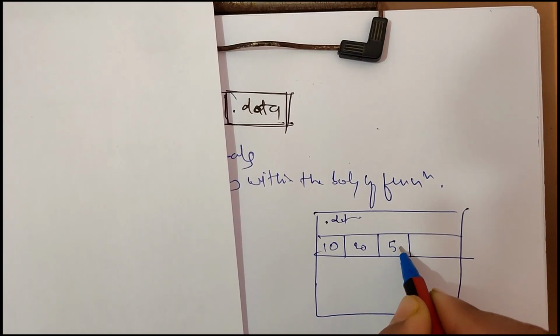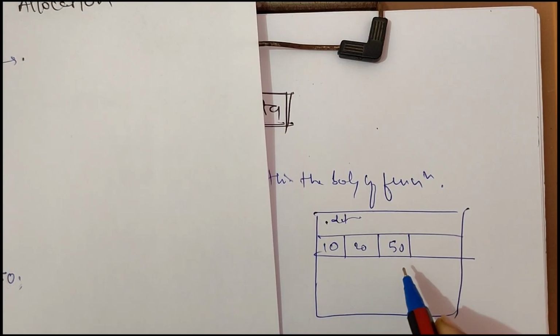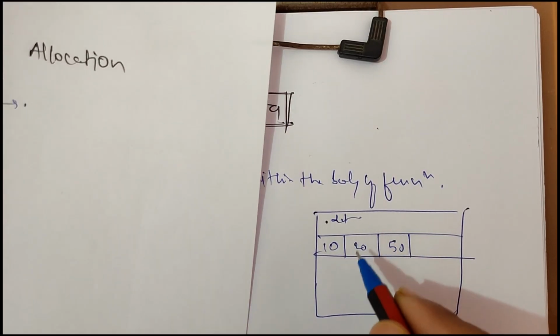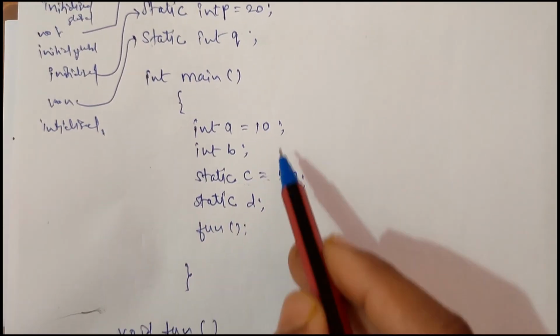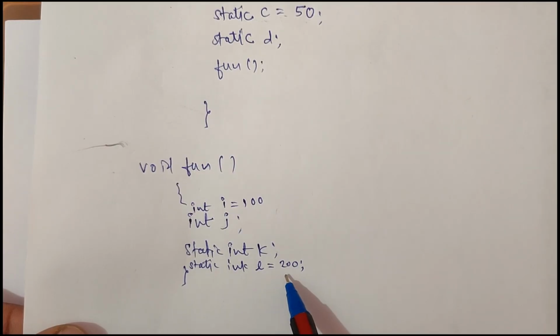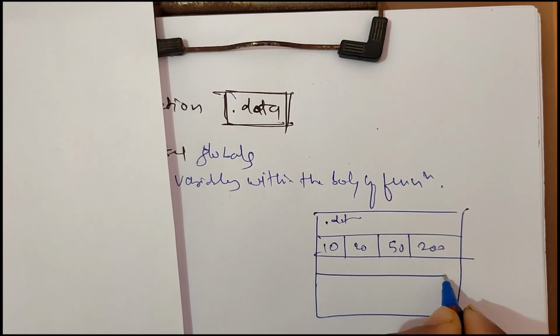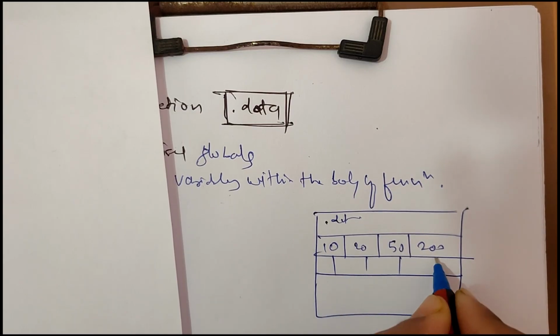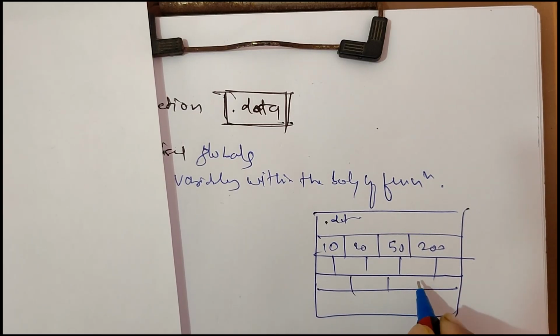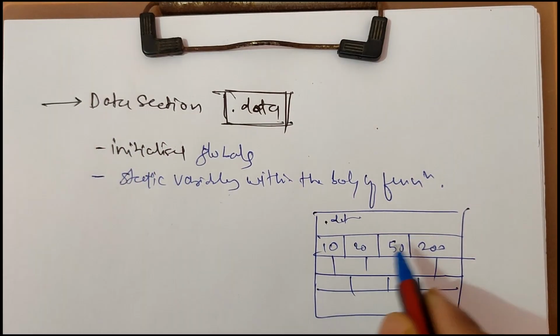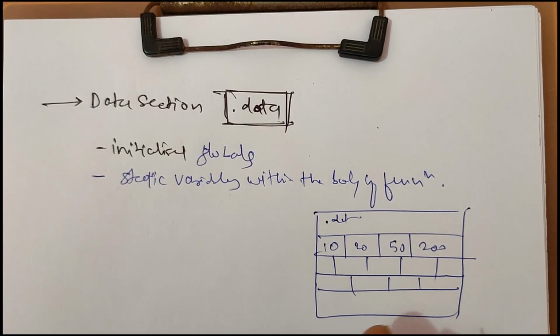Here 50, I am drawing a random diagram, don't take it as exact. Then I have here L 200, so I am writing 200 here. The values are stored this way.